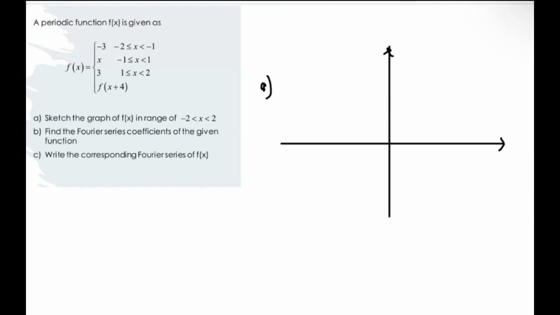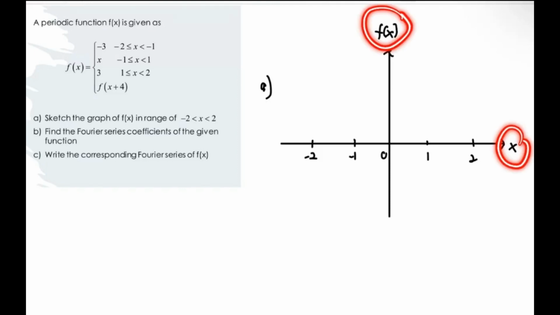So we need to draw from -2 to 2. So we have 1, 2, 1, 2. So -2, -1, 0, 1, 2. Here is x, here is fx. Don't forget to label x, label fx, and label the axis.